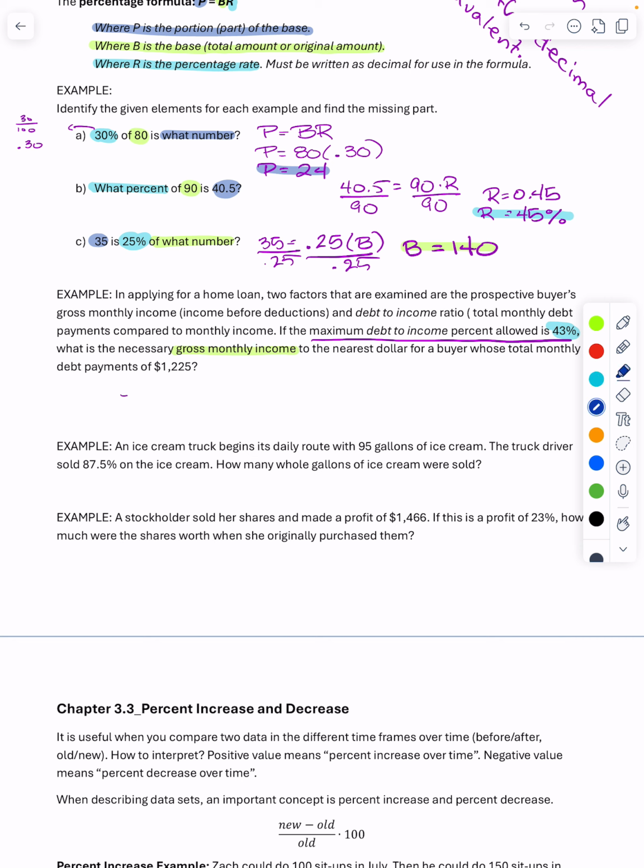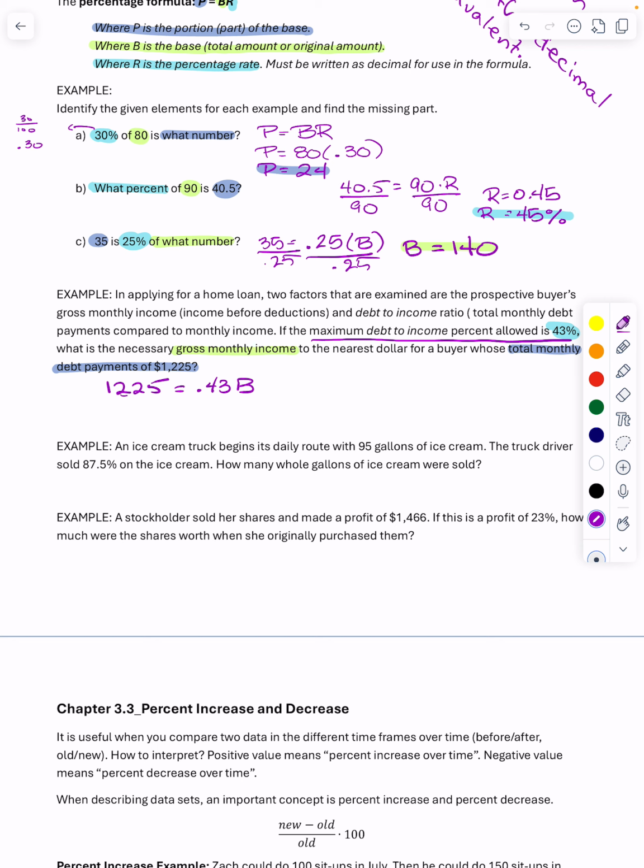And here we've got a total monthly debt payment of $1,225. That's our part. We want to know what our gross monthly income has to be if 1,225 is 43% of our total.